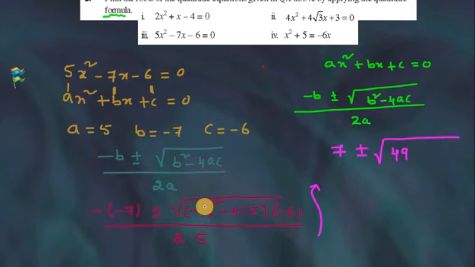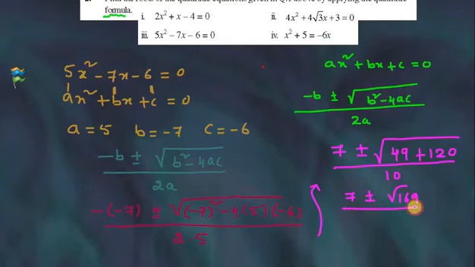Minus 7 into minus 7, 49. And one more observation, that minus into minus is plus. So what is the value of this? 4 5s are 20, 20 6s are 120. So we are getting it as plus 120 whole by 10. So if I go for further simplification, you are getting it as 169 by 10.